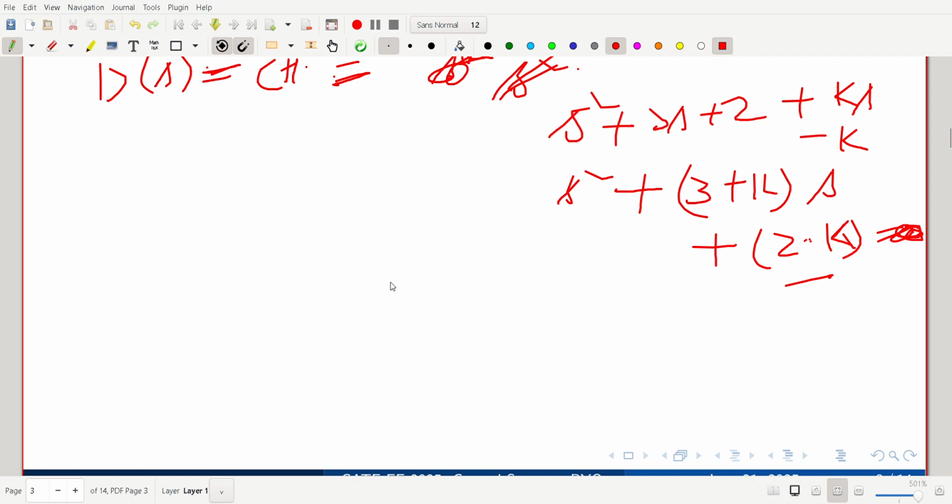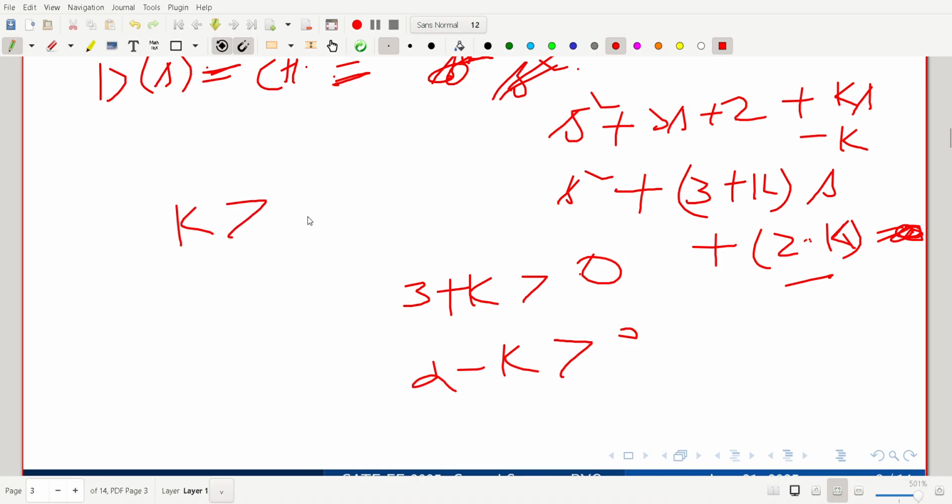what we need to do right now, in case of Routh, what we need to check first is that all coefficient signs should be the same. So 3 plus k greater than 0 and 2 minus k greater than 0. So in this polynomial, I think it should not be required. Let us see. This question is very simple. k greater than minus 3. Here k less than 2. Okay.